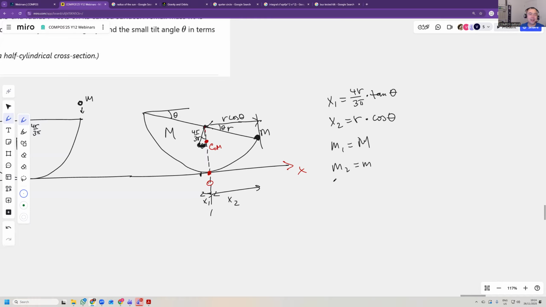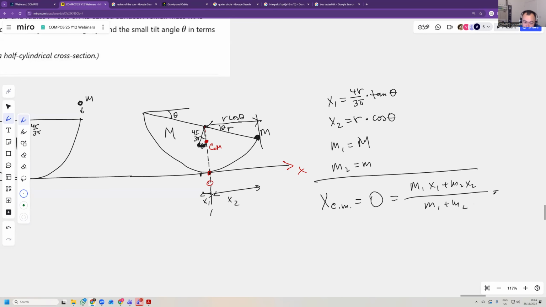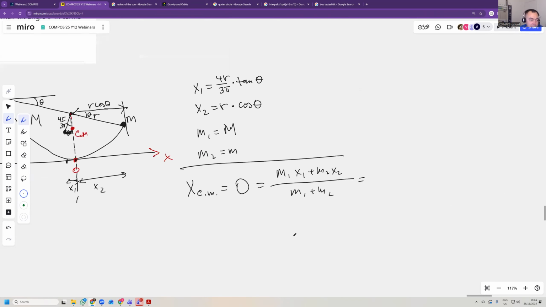That's all you need. So the angle of tilt, and the center of mass is at 0. Center of mass is at 0, so x center of mass is 0, and it's equal to m1 x1 plus m2 x2 divided by m1 plus m2. And that's equal to, sorry, x1 is minus that because it's obviously negative, it's to the left.